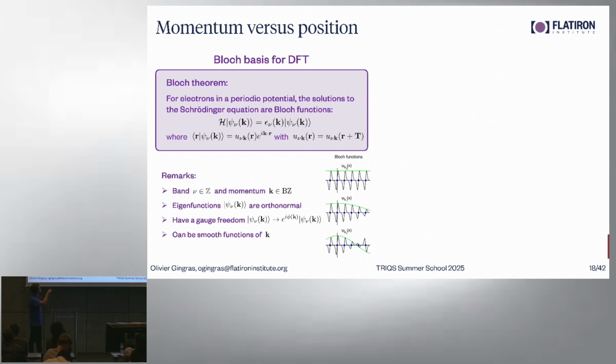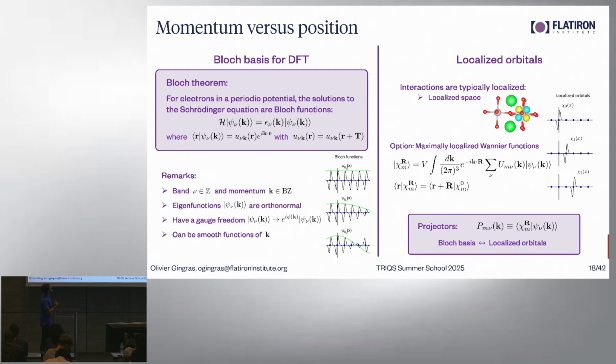You have a periodic potential. At K equals 0, everything is the same, but at different K, you have an envelope that is just the phase modulation from one atom to another. This is very nice in a periodic system. But most of the interactions we're dealing with are local, or short range at least, and because the interactions are typically localized, it's not a great basis.